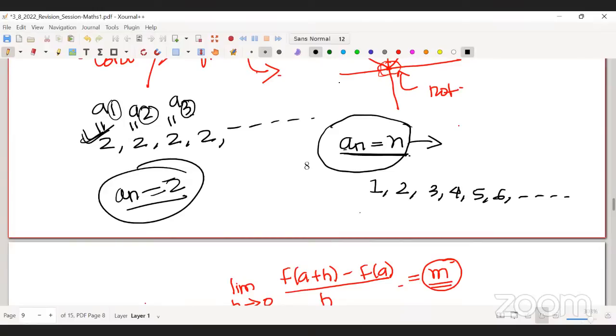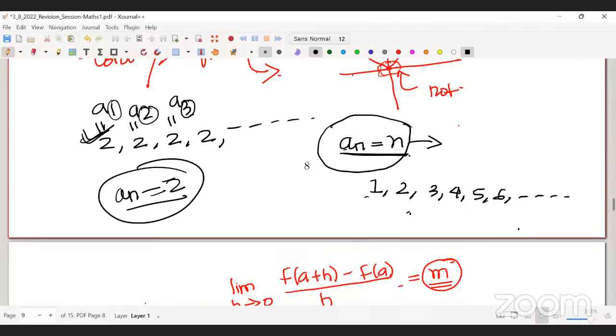Now, if you take any subsequence of this sequence, it cannot be convergent, because if you take some subsequence 2, 4, 7, 8, 9, 100, eventually it will go towards infinity, right? If you take some infinite sub-collection of these numbers.